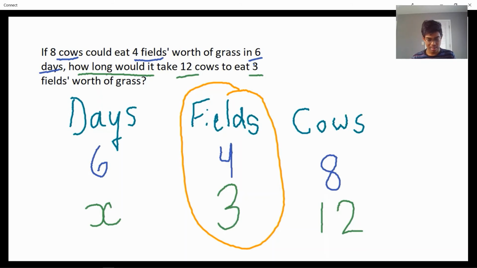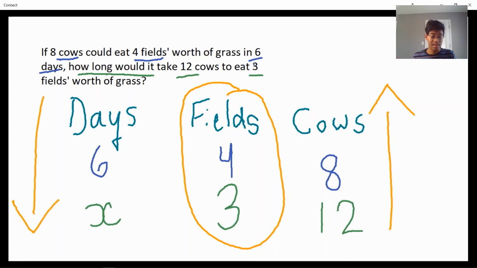Remember, it's a constant. They're going to eat all the grass eventually in a certain amount of time. Now let's say we increase the number of cows. Well, if we have more cows eating on the same field as before, they're going to take less time to eat all the grass this time. So this is the concept of an inverse proportion, where as the number of cows goes up, the number of days goes down.